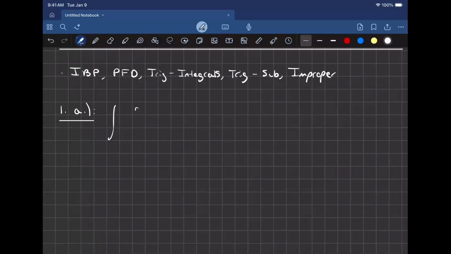But we have the indefinite integral of a over x squared minus bx dx. So I'm going to use partial fractions. So let's split this up with our linear factors. So this will be the integral of a over, just take an x out, x minus b.